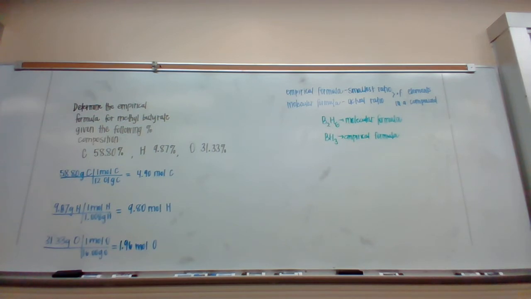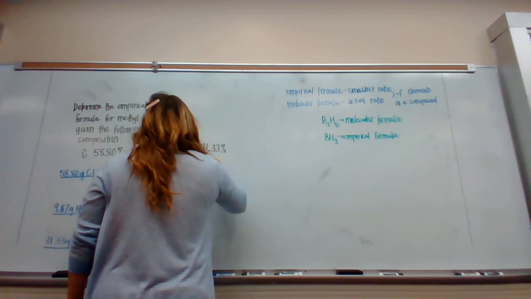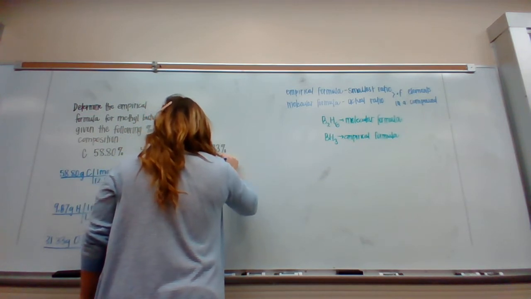Alright, so these are the moles now, instead of percents or grams. Well, we can't just take these numbers and plug them in and make a formula. We've got to relate them somehow. So the next thing you do is you find the mole to mole ratio.